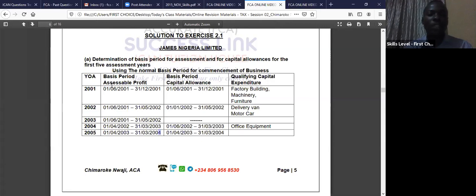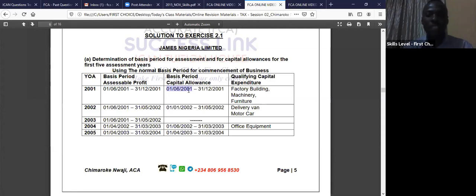Now that you've done the basis period for profit, let us see how we will do capital allowance. I said in capital allowance, it follows the same basis period as that of profit. So whenever there is a commencement rule, the first year of capital allowance is the same first year of basis period for assessable profit.